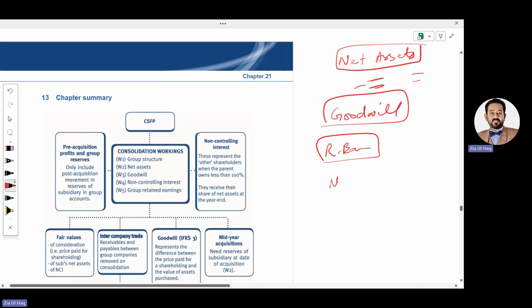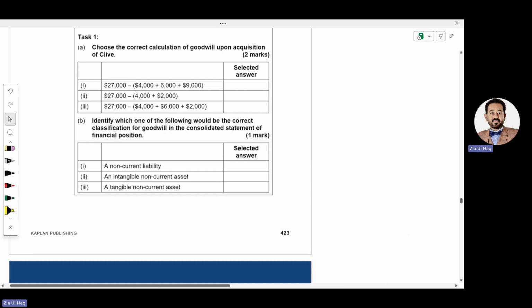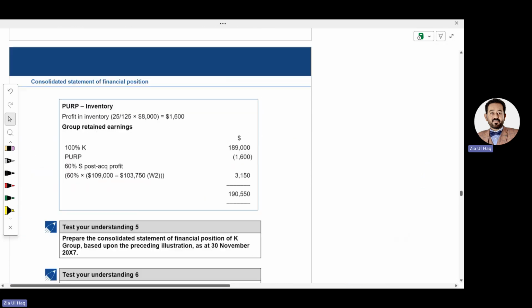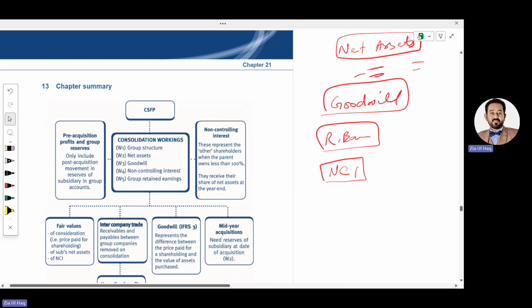And then we need to calculate non-controlling interest: fair value of non-controlling interest plus subsidiary profit share, less unrealized profit if the subsidiary sold the goods to the parent company. In that question, the parent sold the goods to the subsidiary. That's why we didn't incorporate the non-controlling interest figure relating to unrealized profit.